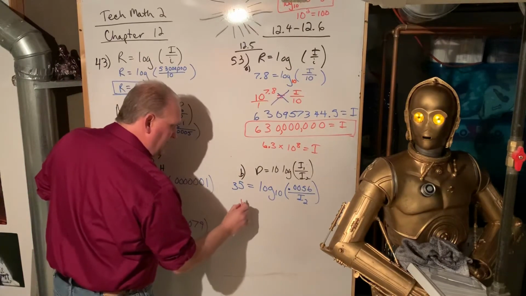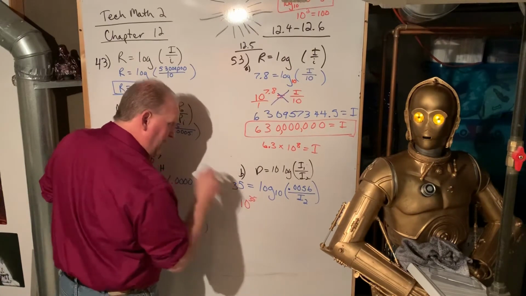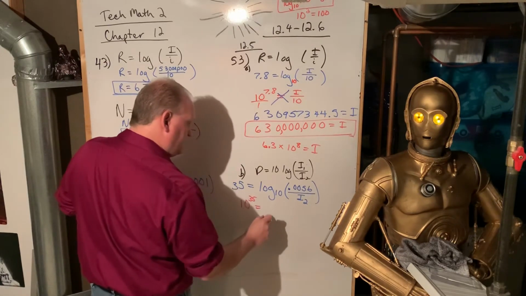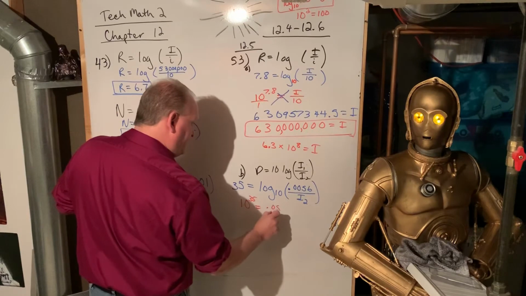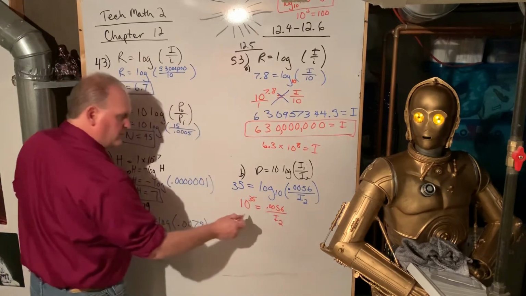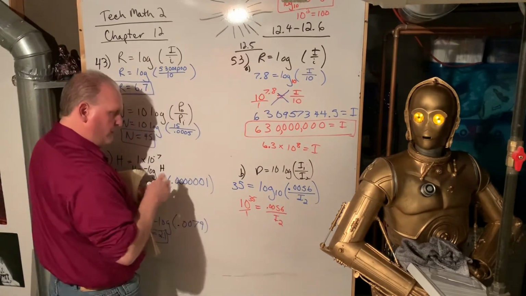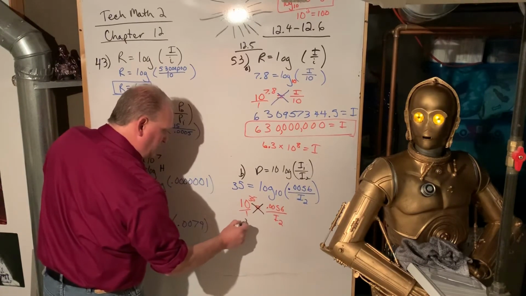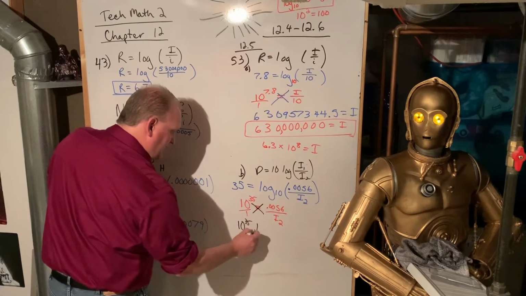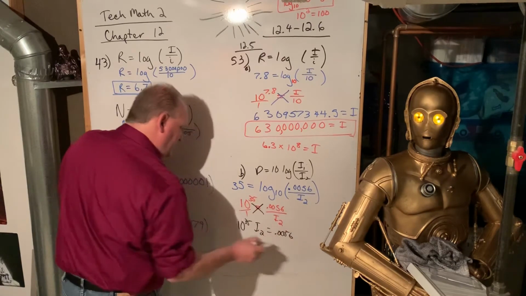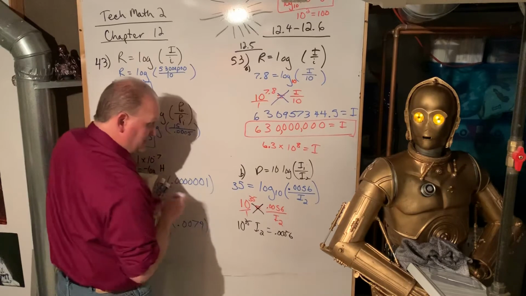So we've got 10 to the 35th power equals 0.0056 over I sub 2. So that means we would cross multiply and solve. So we'd have 10 to the 35th times I sub 2 is equal to 0.0056. And then we would divide by 10 to the 35th.